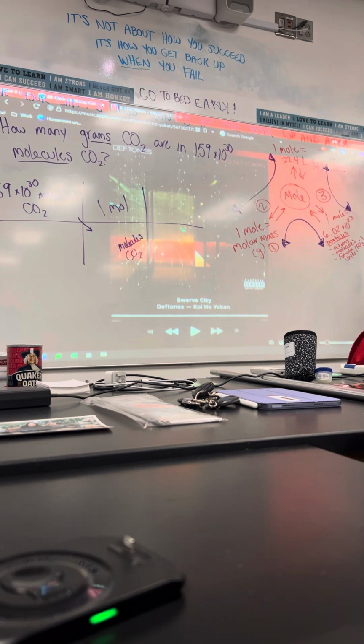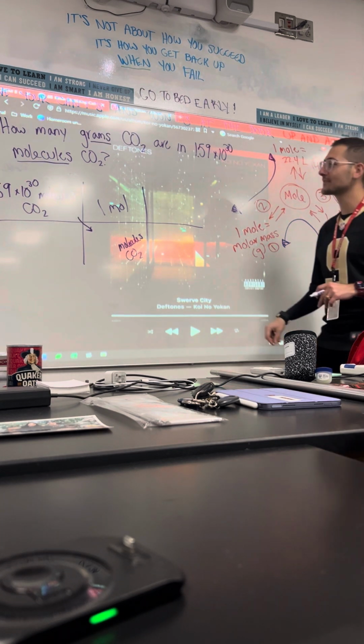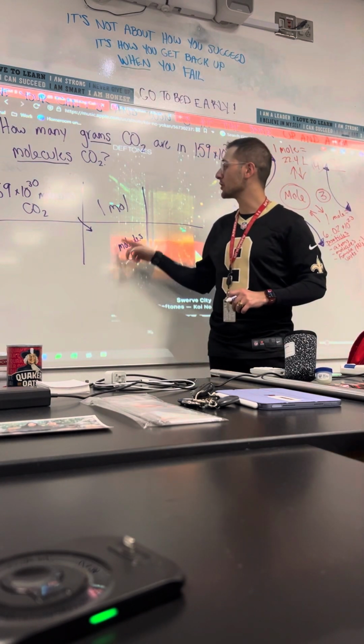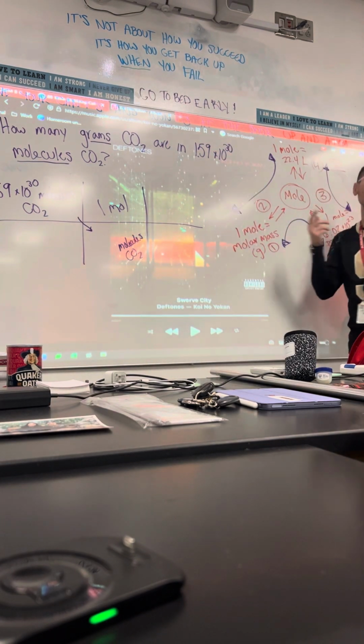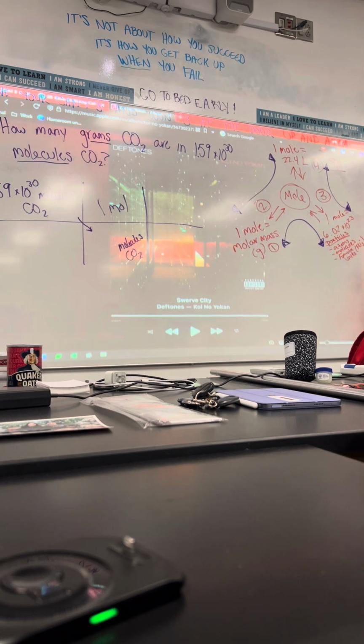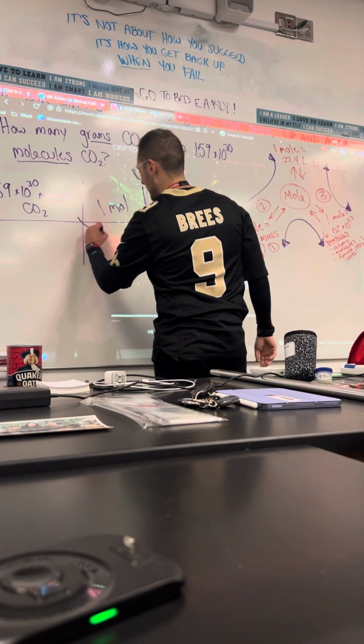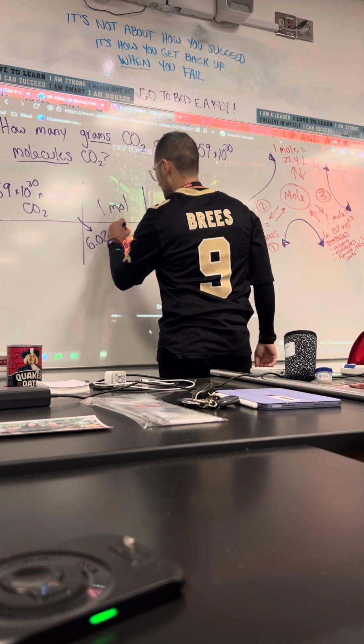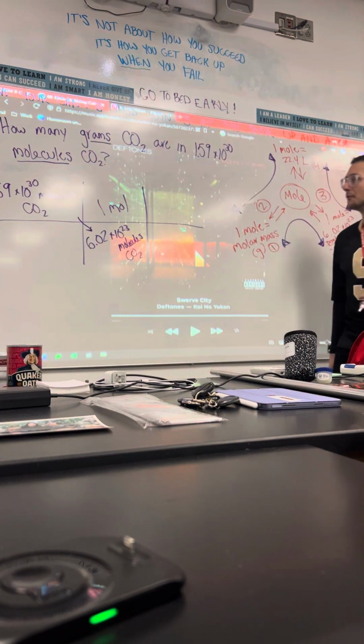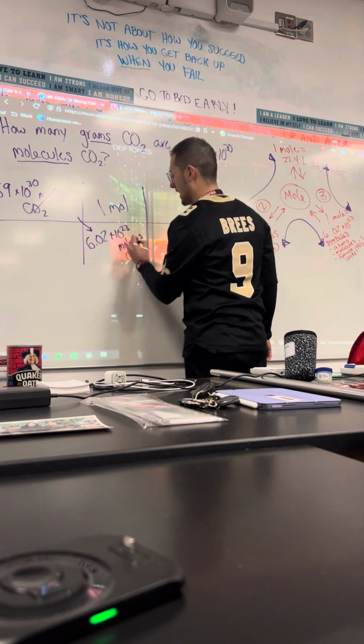Anyway, so we have molecules down here and we need to get to moles. Well, just like in 8A, we're going to use our special number to get there. For molecules, it is 6.02 times 10 to the 23rd. So we write in Avogadro's number right there. And before, we just canceled out and now we're in moles.